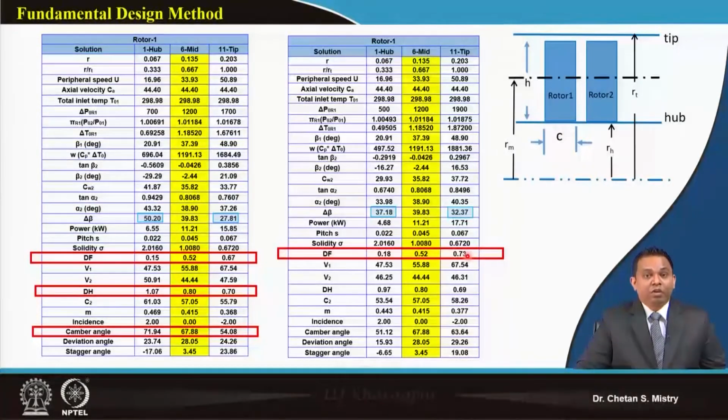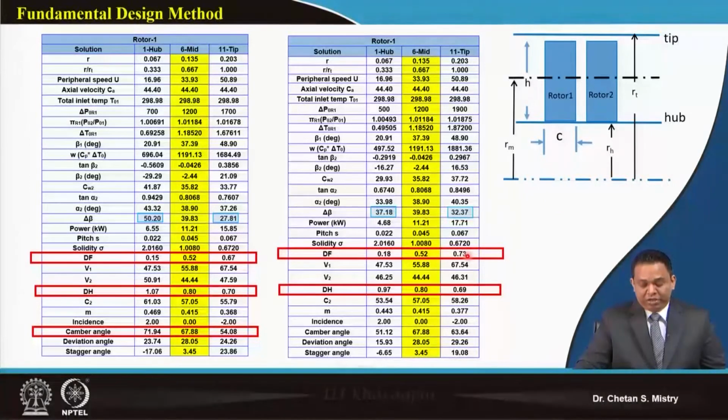Remember one thing: the numbers given in open literature, what people discuss, are applicable for a stage, a rotor and stator combination. That may or may not be straightaway applicable for the design case of a contra-rotating concept. It is the designer's choice; you need to play with the numbers.